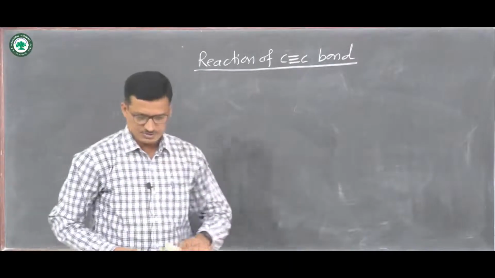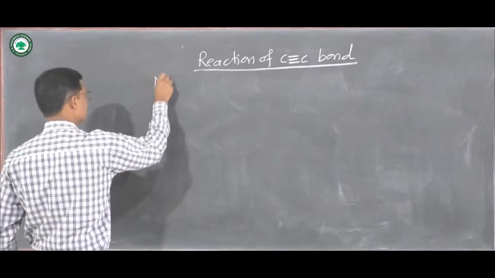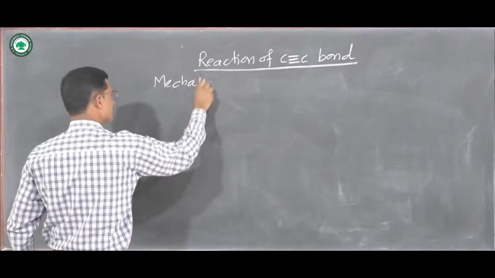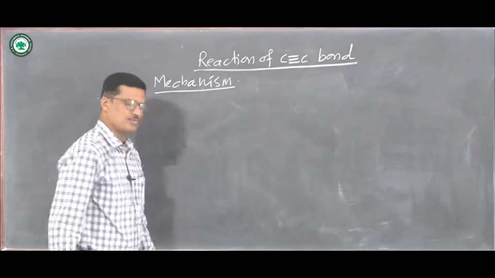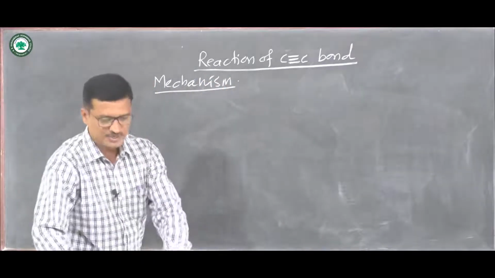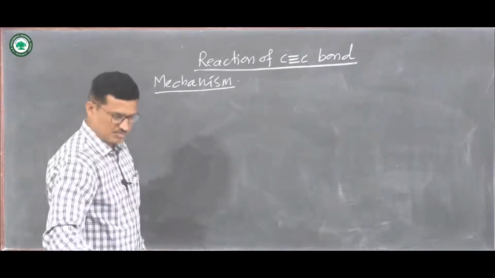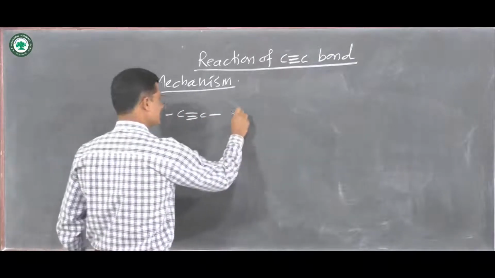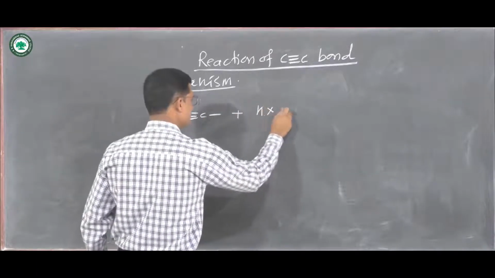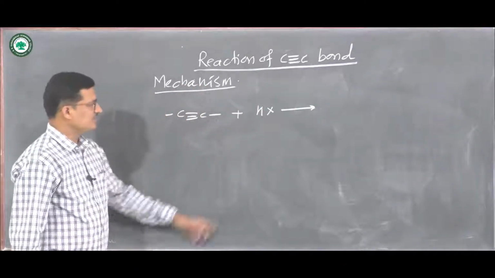So what is the mechanism of electrophilic addition? Mechanism of electrophilic addition to the carbon-carbon triple bond. Suppose let us consider the example of this carbon-carbon triple bond, and this carbon-carbon triple bond is added by using the acidic reagent HX.